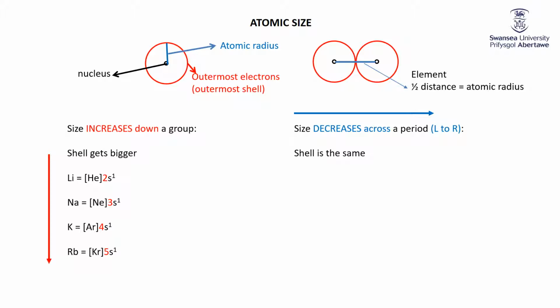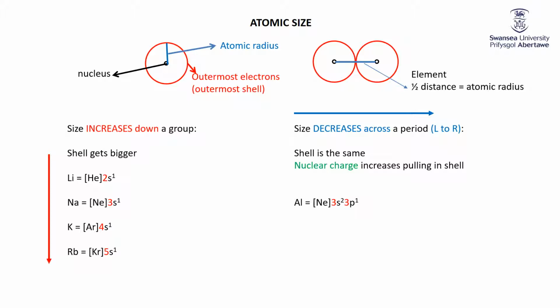The third row from sodium to argon, every electron is going in the third shell, whether it be the 3s or the 3p. So that shell is the same, but the nuclear charge is increasing. In other words, the electrons are feeling more positiveness from the nucleus as you go across the period in the periodic table. So let's just illustrate that.